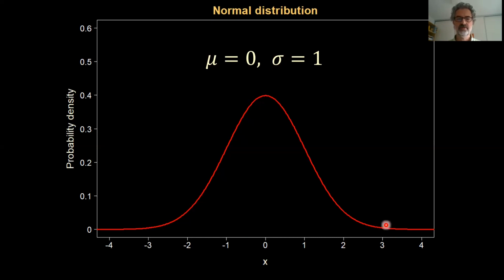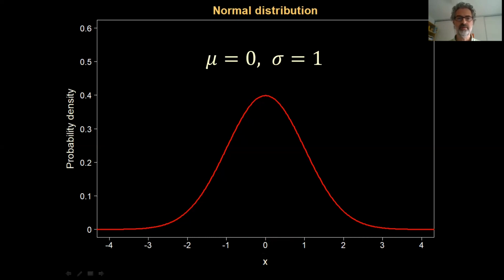So what this curve can represent is probabilities or proportions that relate to a set of measurements, a population of values that has a mean of 0 and a standard deviation of 1.